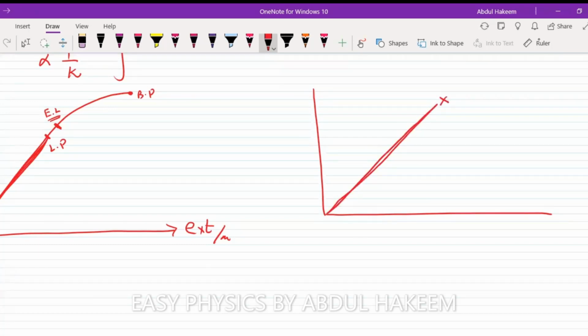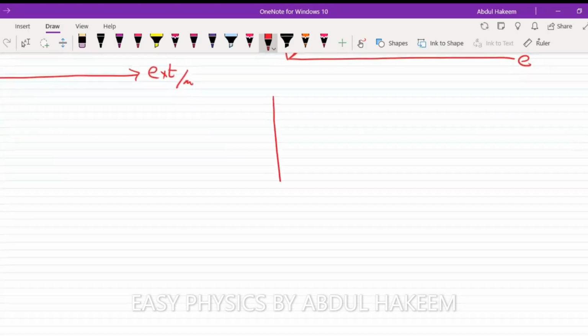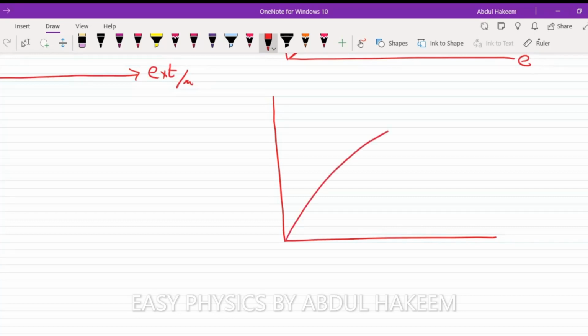It has no permanent deformation. This is force, this is extension. If the solid is rubber, it's elastic, but extension and load are not directly proportional. This is the loading line, and this is the unloading line.